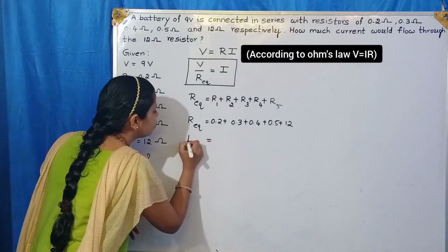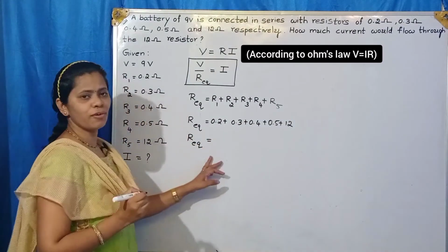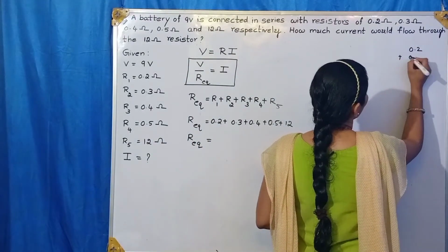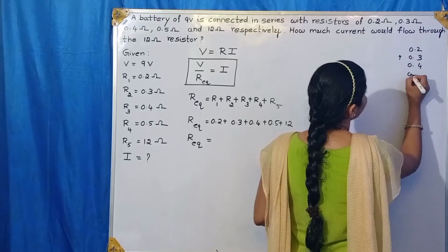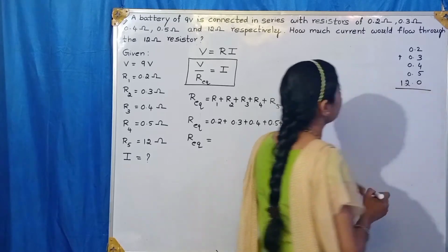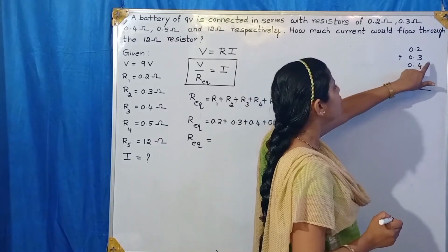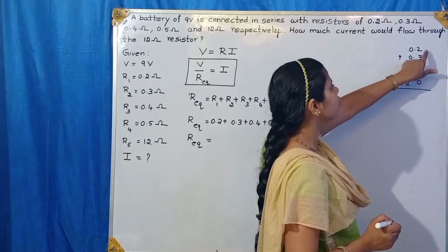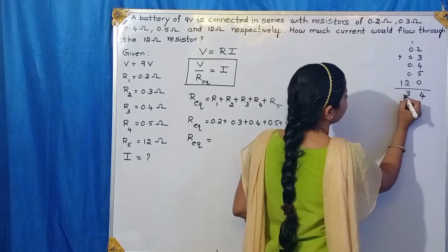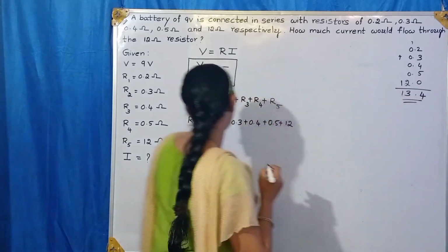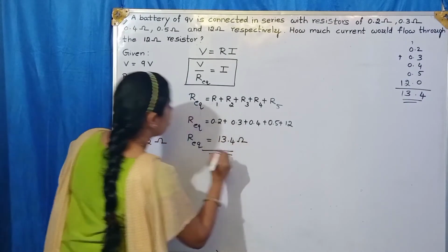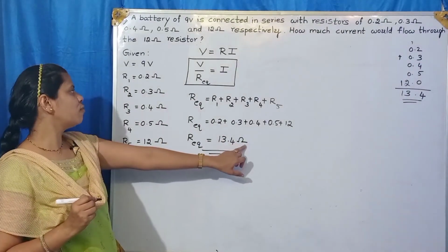Add this, it will become 13.4. Or else you can see here, 0.2 plus 0.3, 0.4, 0.5 plus 12 is how much? 5 plus 4 is 9, 10, 11, 12, 13, 14. 2 plus 1 is 3. That is 13.4 ohm. R equivalent is 13.4 ohm.